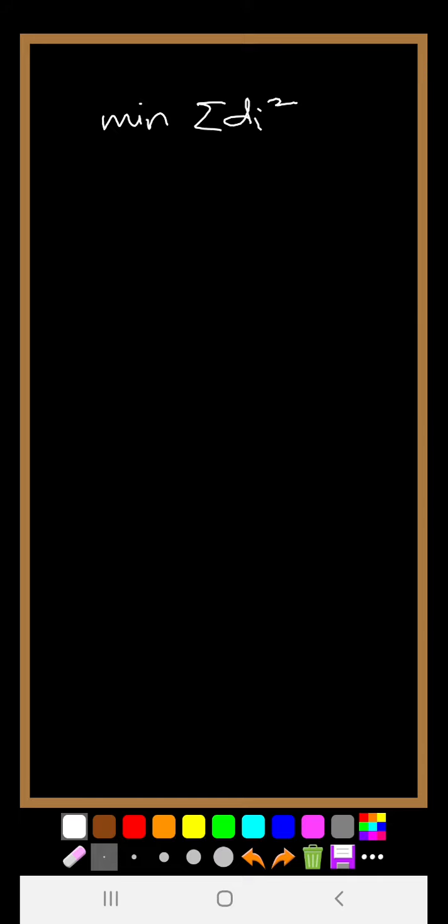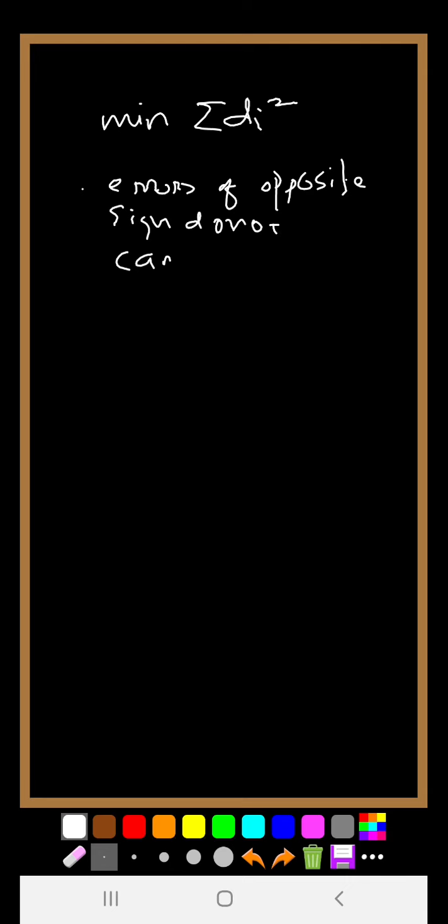The advantage of using the minimum of d square is that the errors of opposite signs do not cancel out. Secondly, it weighs large errors more than small errors.